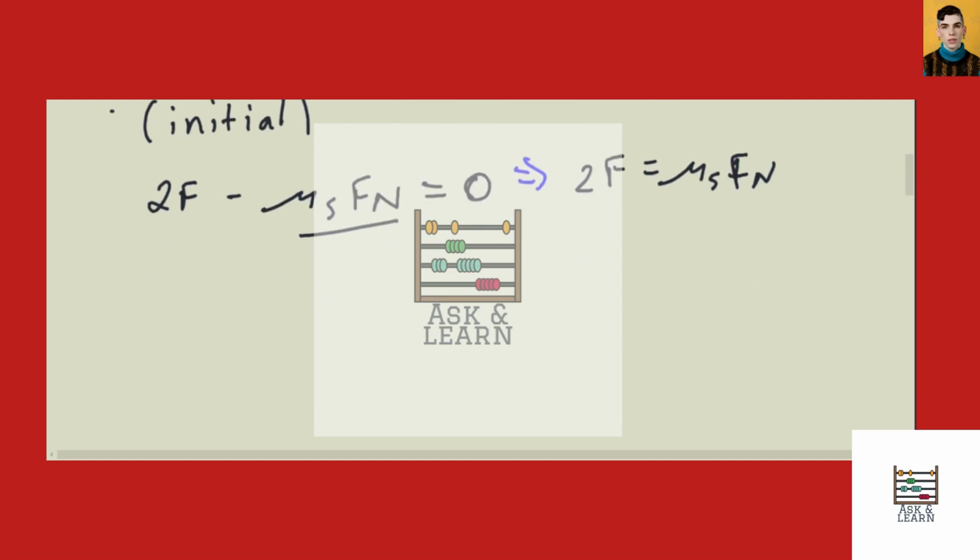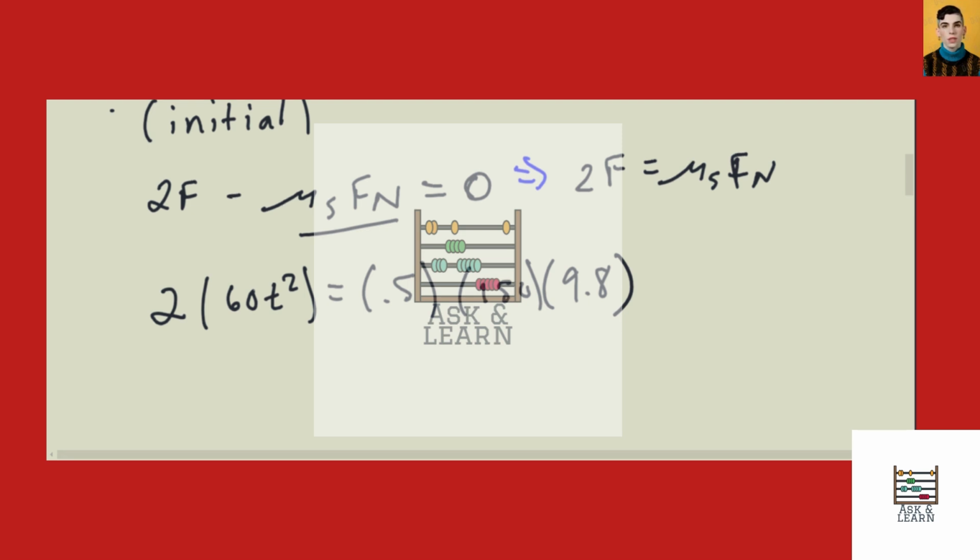So now let's plug in what we know. So 2 times F, which F is given as 60 times t squared, is equal to mu s, which is 0.5, and the normal force, which is the mass, 150 kilograms times 9.8. So now we're solving for time. Once we find time, we can find the initial velocity.